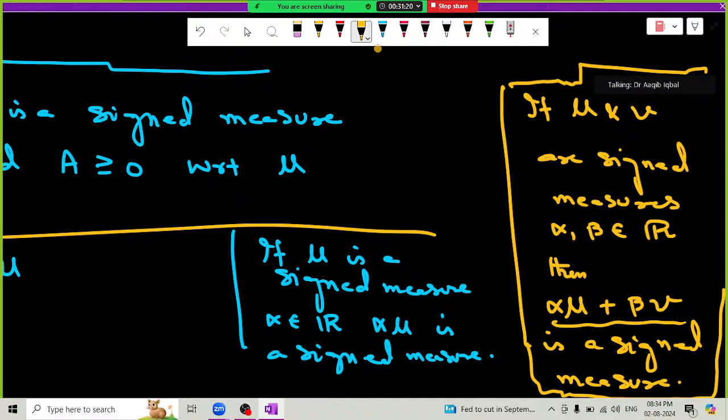This follows from the definition actually. इसमें कोई प्रॉब्लम हो सकती है, मुझे नहीं लगता. एक मिनट मैं इसको देख रहा हूँ. इसमें शायद प्रॉब्लम हो सकती है. Suppose mu takes infinity, this takes minus infinity, हाँ वो मसला हो सकता है.